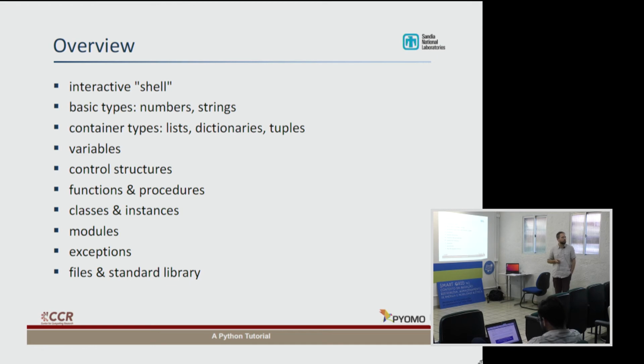Yes? Okay, so there is the same structure for functions as procedures. And you can define classes, instances of classes, etc. And like in MATLAB, there are some exceptions, so errors you can handle.